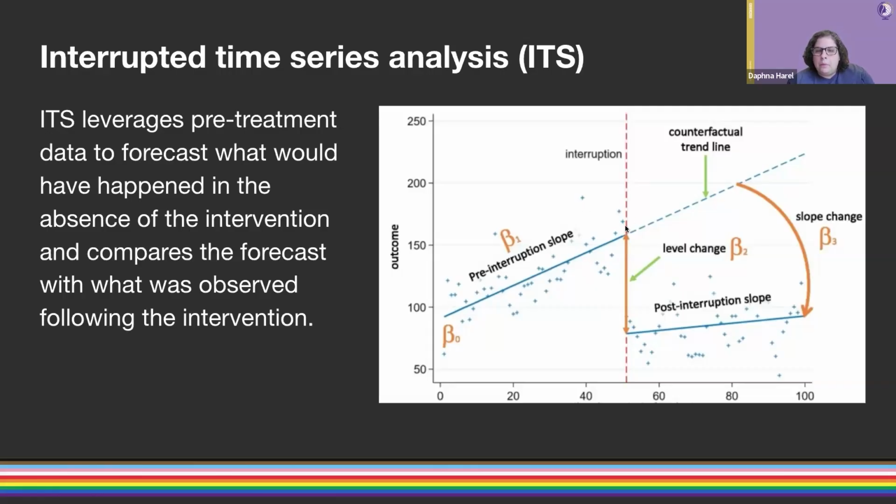Then there's a moment at which the policy is enacted, the new report tweet button comes up, and we want to know, does the slope change after the new policy is enacted? And that's an interaction term in this interrupted time series analysis. It's this big arrow of did the slope change from the pre-interruption slope to the post-policy change slope.